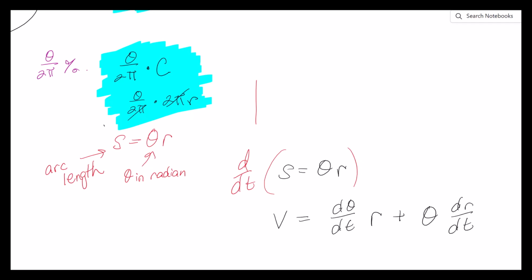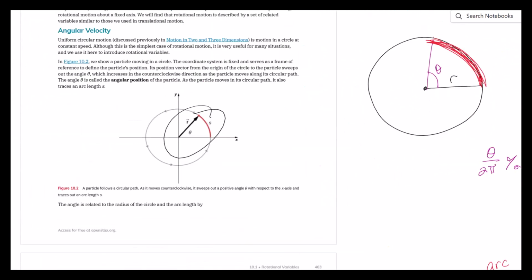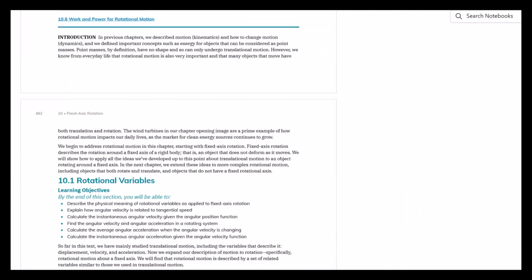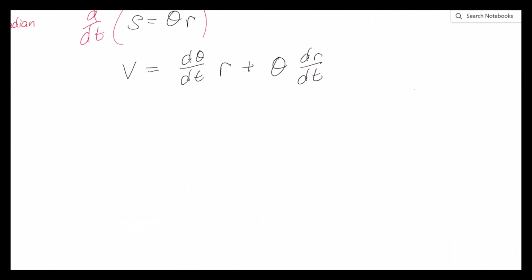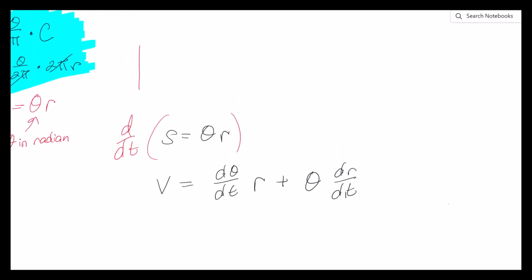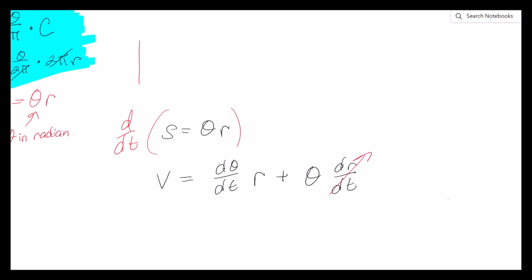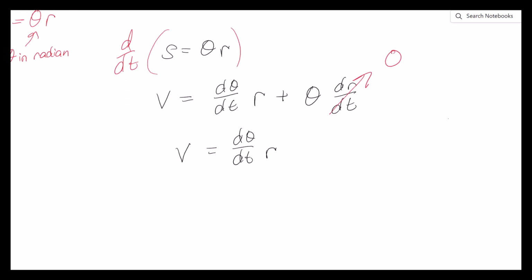Now, I think this whole section is uniform circular motion, or at least we'll call it fixed axis rotation. So for the moment, we're going to go with r not changing with respect to time, so the radius is constant. And so what we end up with is that the velocity is d theta dt times r. We have a special word for d theta dt: we call d theta dt omega. Times r, I meant to say.